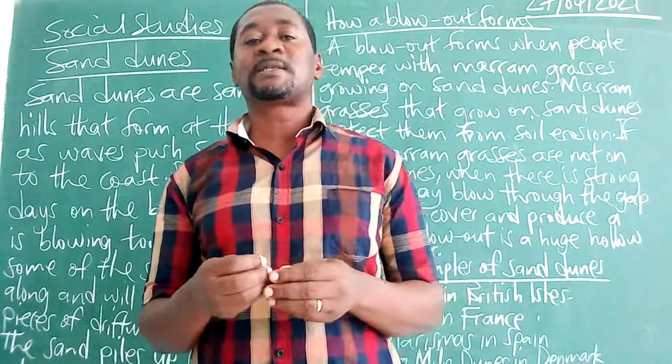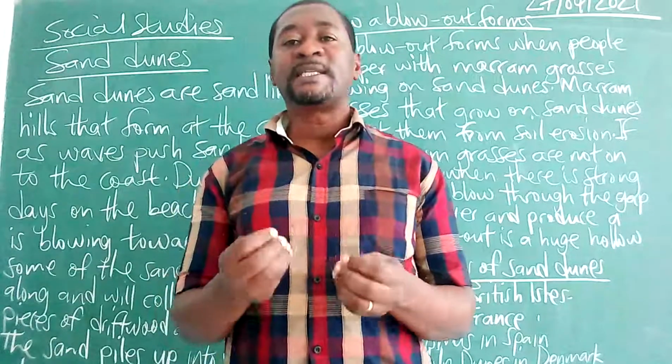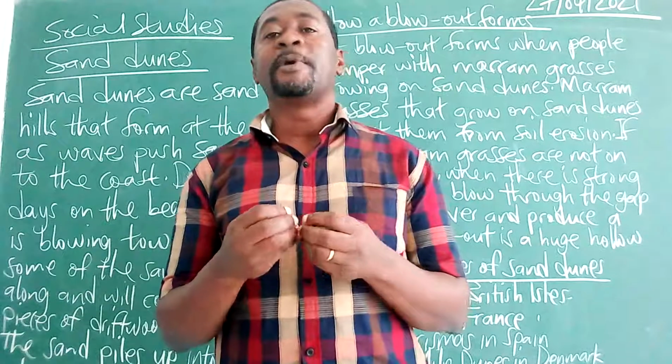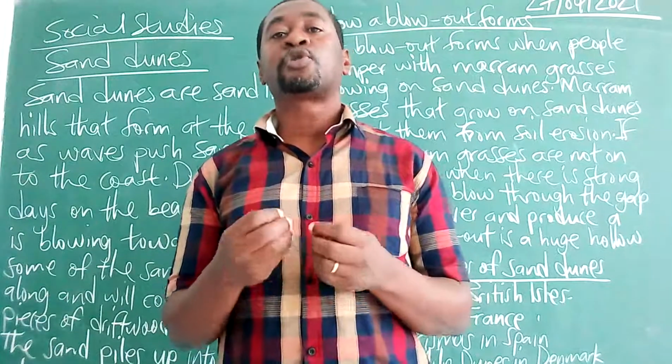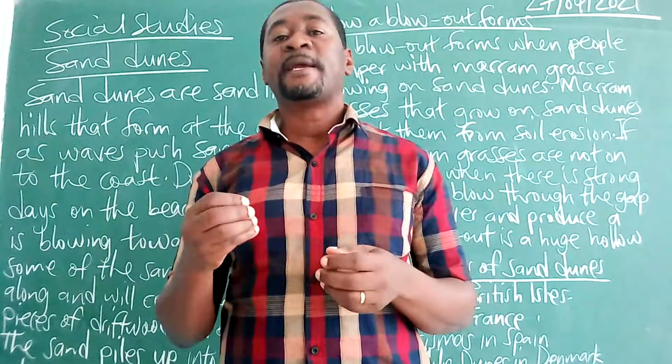These marram grasses grow on sand dunes to protect them from soil erosion, or from being blown by wind.